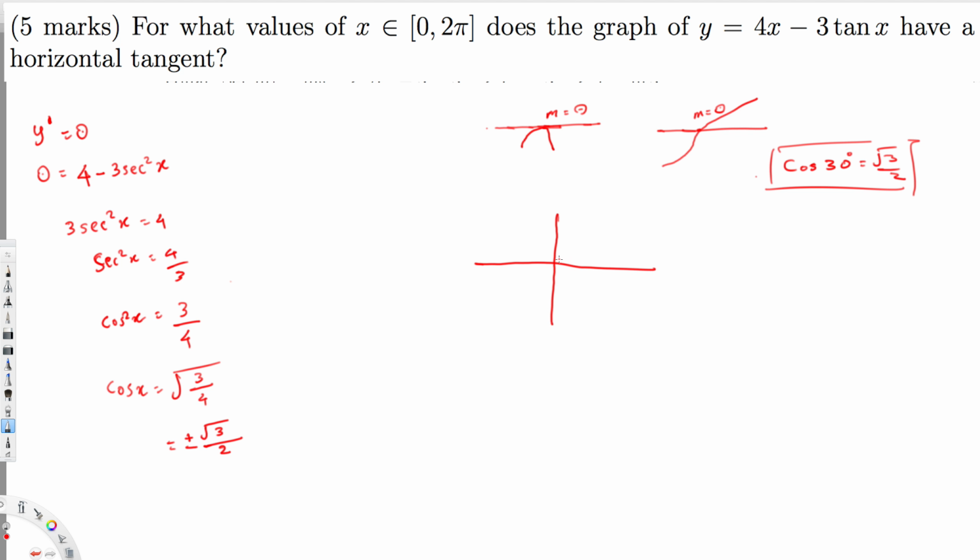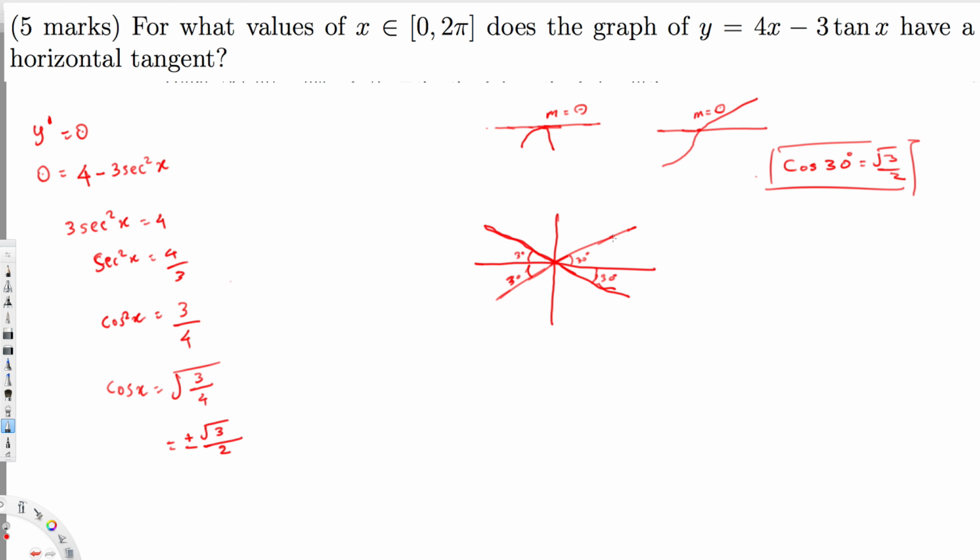Since the values are giving both positive and negative, we have to find all the possible values of x. First we found 30 degrees. In every quadrant it's going to be the same value, just with the sign changed. So this 30 degree, this 30 degree, this 30 degree, and this 30 degree.